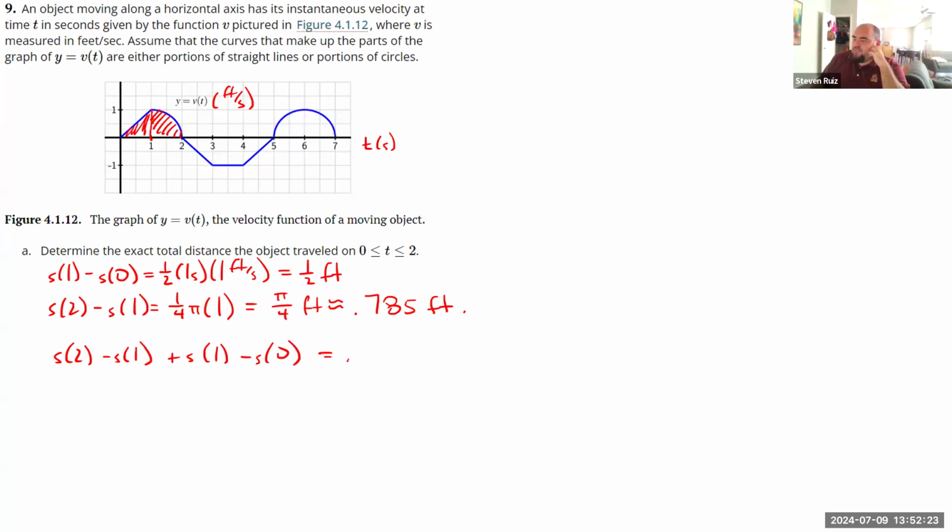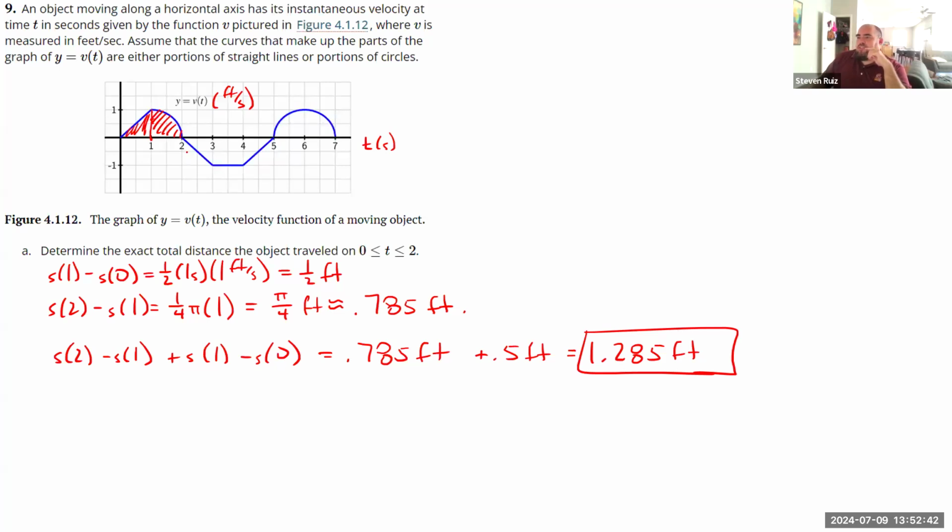What's S of 2 minus S of 1? That's 0.785 feet. And what's S of 1 minus S of 0? That is plus 0.5 feet. So I get approximately 1.285 feet. One thing I point out is that in this situation, the first 2 seconds, the object is traveling in the same direction the entire time because the velocity is positive the entire time.